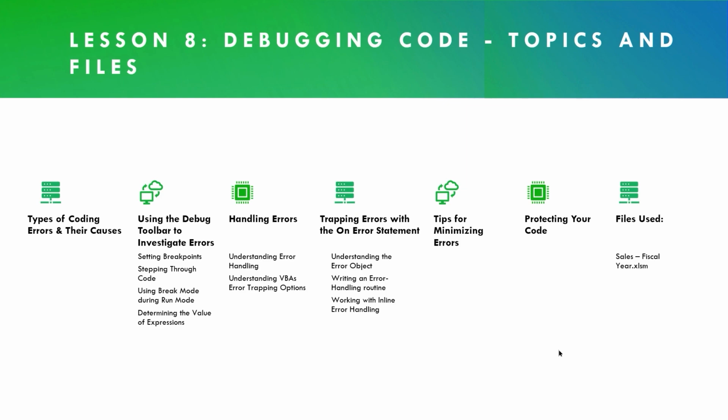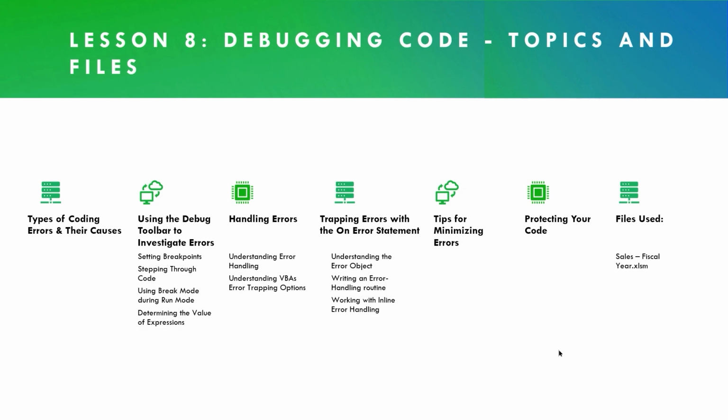We moved into how to handle errors. You learned a little bit about error handling in VBA and learning about the error trapping options. We trapped errors with the on-error statements. You learned about the error object and how to access its properties and methods, and we wrote 2 error handling routines.